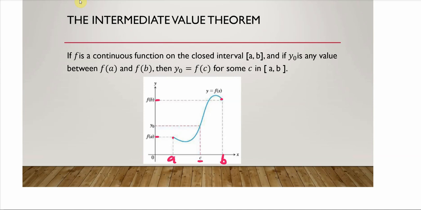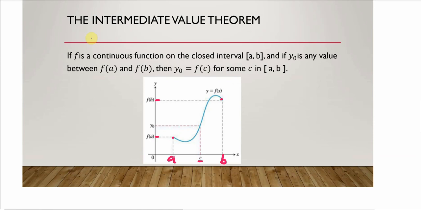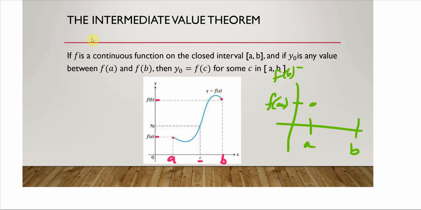b. Okay? So what this is really saying is, in other words, what I like to tell my students is, Mr. Quintana, if I have a and I have b, and here is my f of a and here is my f of b up here, okay? So I have a point here and a point here.